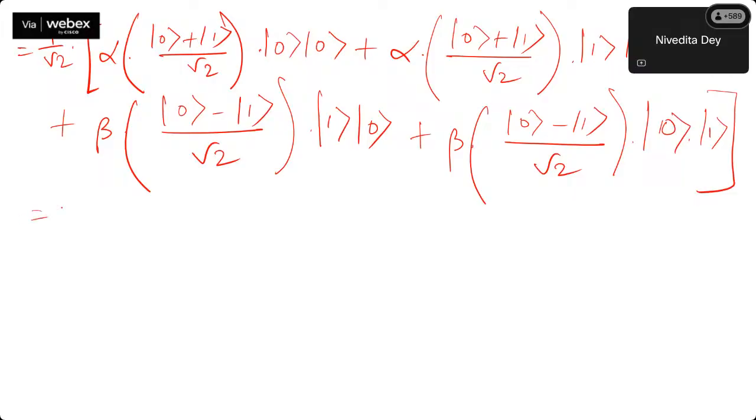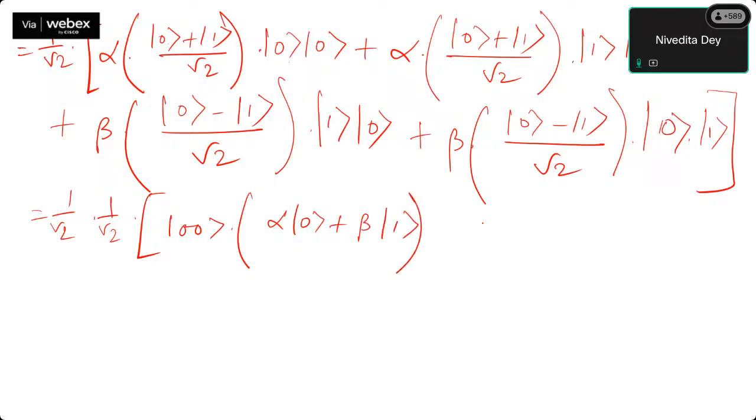Now, taking the 1 by root 2 outside, if you extract 00 together, then it will be alpha 0 plus beta 1, plus if we take out 01 together, then it will be alpha 1 plus beta 0.